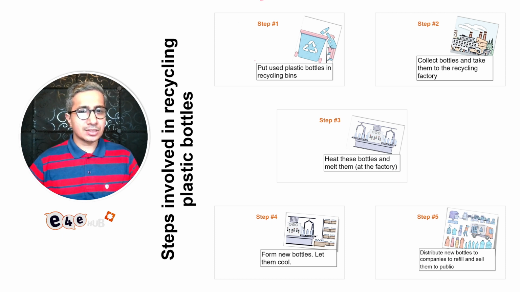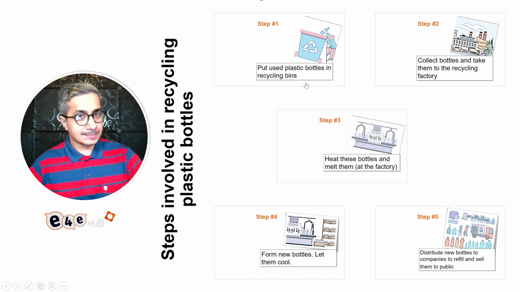What you see on the screen is active. I'm going to turn this to passive. Number 1, used plastic bottles are put in recycling bins. Then these bottles are collected and taken to the recycling factory.